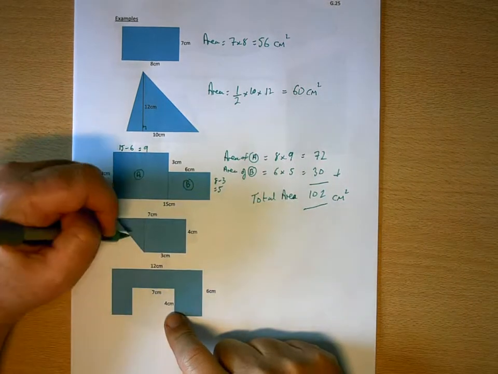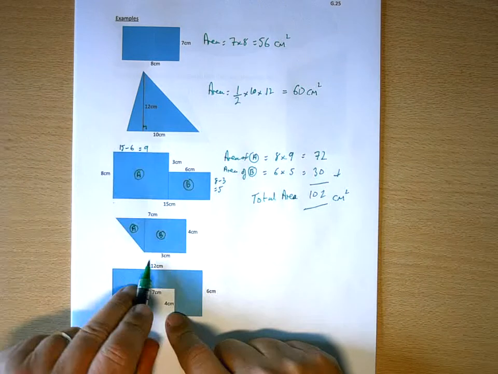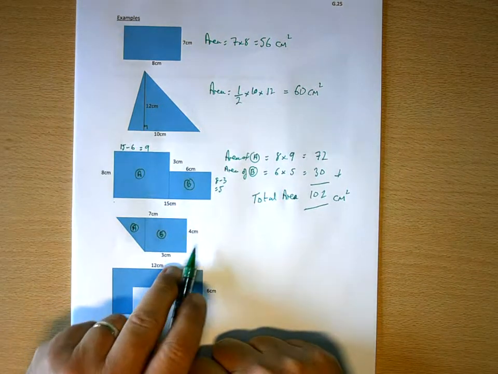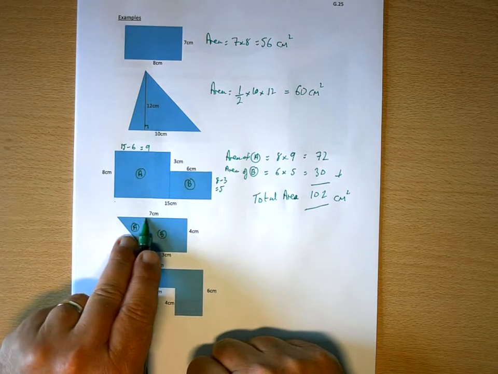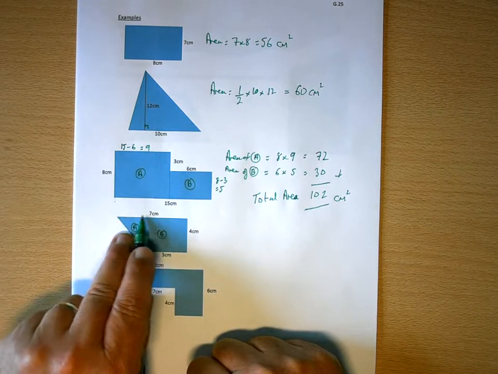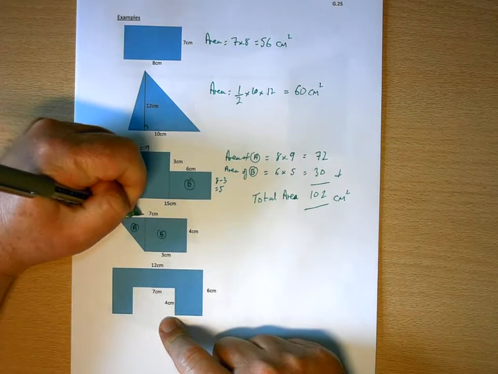For this one, well, I've got the triangle, which I'll call A, and the rectangle. So the rectangle is easy, it's 3 times 4. For the triangle, I know the height is 4. I need to know this distance, and this distance is going to be 7 less 3.